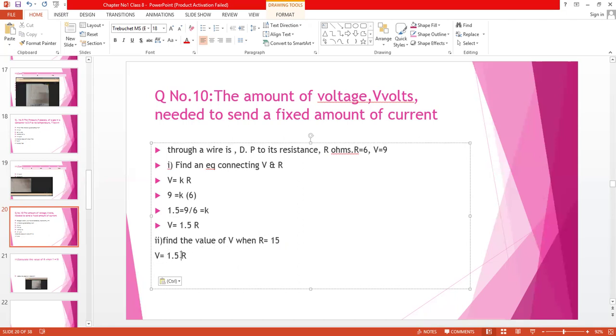So instead of writing R, I have to write 15. So 15 multiplied by 1.5 is equal to 22.5. Calculate it. Am I right? It's equal to 22.5. Yes.